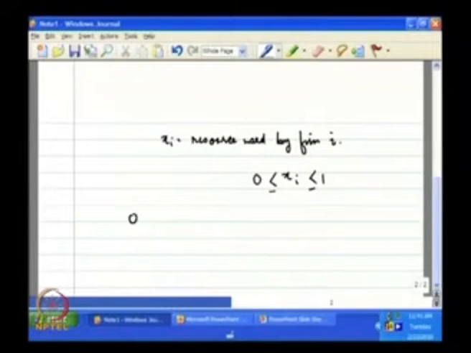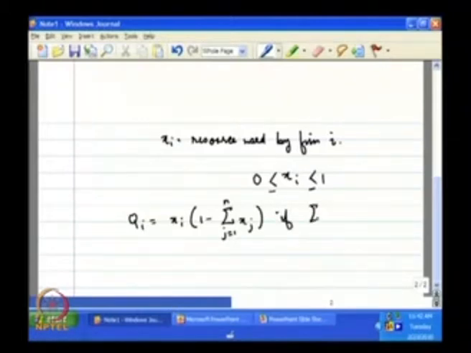and this output, let us call it qi, is given by xi multiplied by (1 minus the summation of xj, j goes from 1 to n), if the summation is less than or equal to 1, and 0 otherwise.